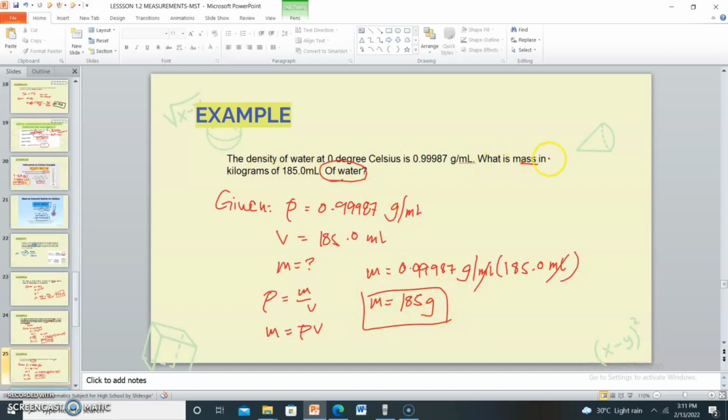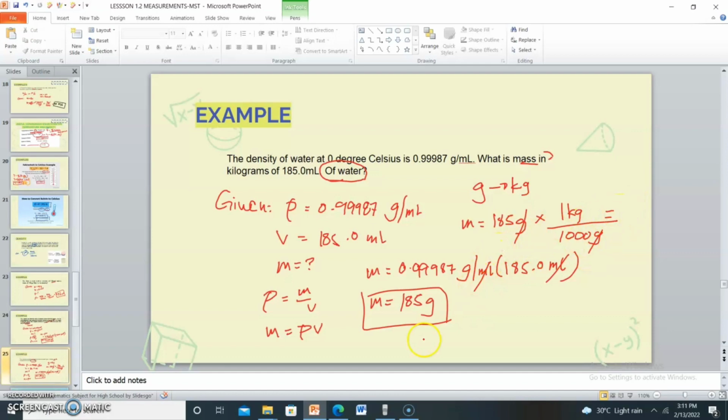Since the mass is asked in kilograms, convert gram to kilogram. So mass equals 185 gram. In 1 kilogram, there are 1,000 grams. So cancel out.